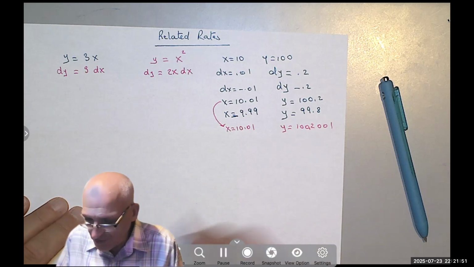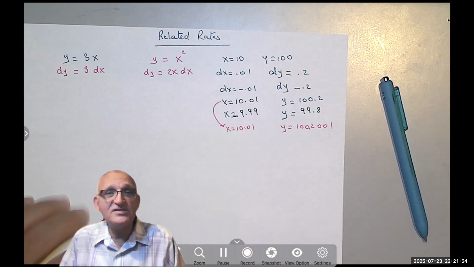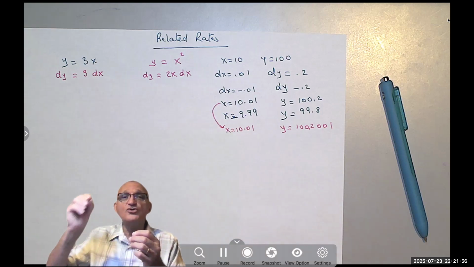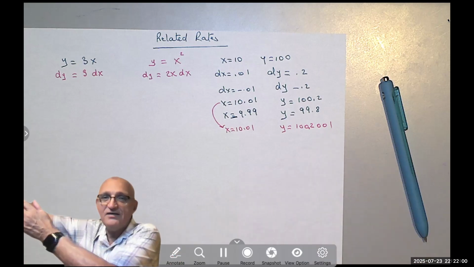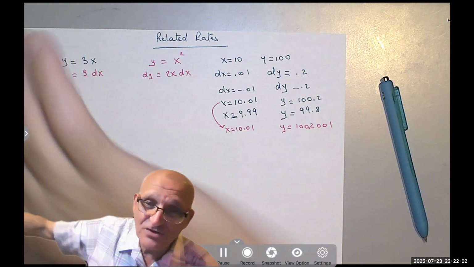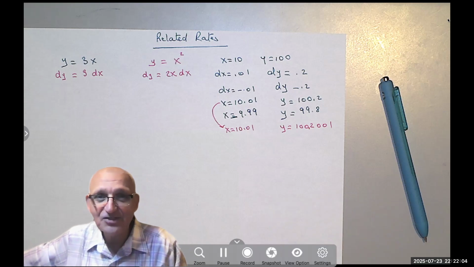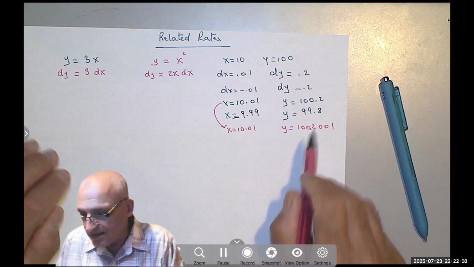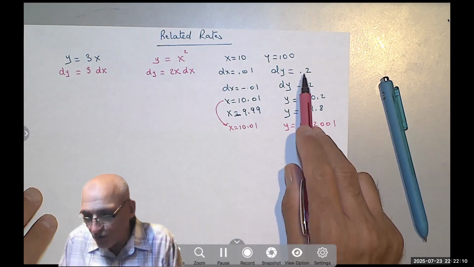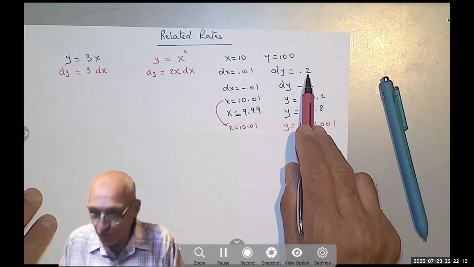But you know why? Because we picked dx to be 0.01. If we make it 0.00001, this one would be thrown away very far to the right down the road, right? So as we get closer and closer to 10, the increase will get closer and closer to 0.2, or the decrease.